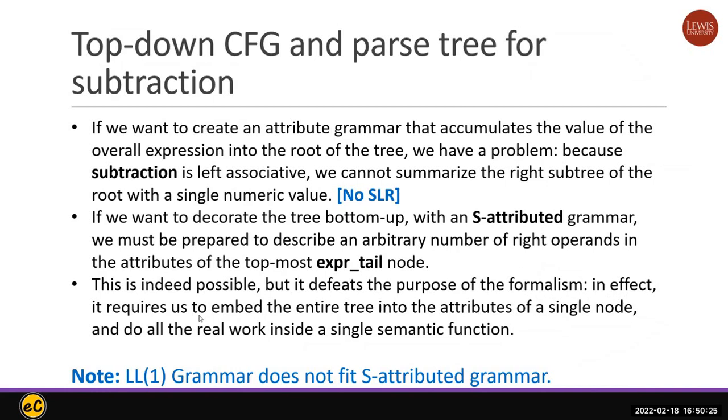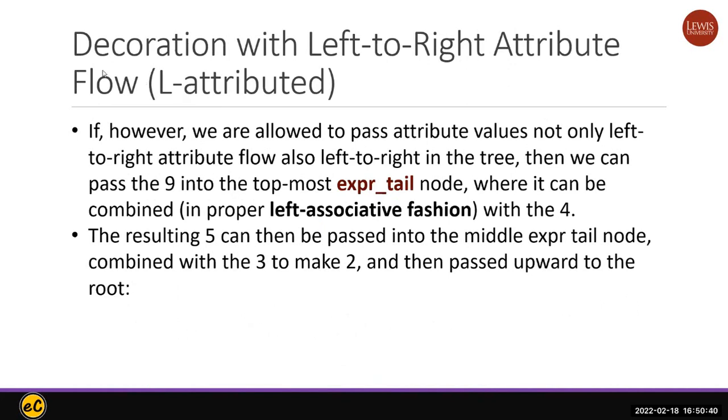In fact, it requires us to embed the entire tree in the attribute of a single node. That doesn't make sense, okay. So an LL1 grammar does not fit the S attribute grammar. This one is a rule. Decorating the tree with left-to-right attributes is called L attribute.